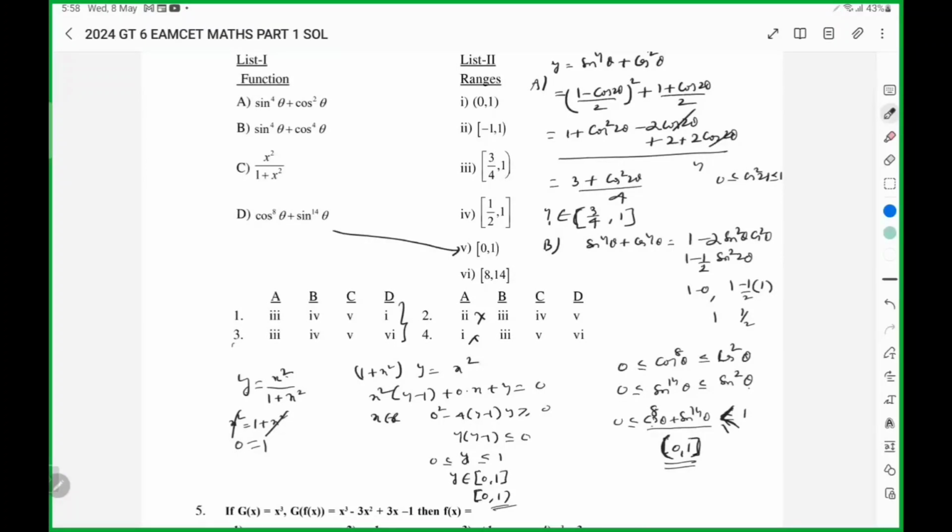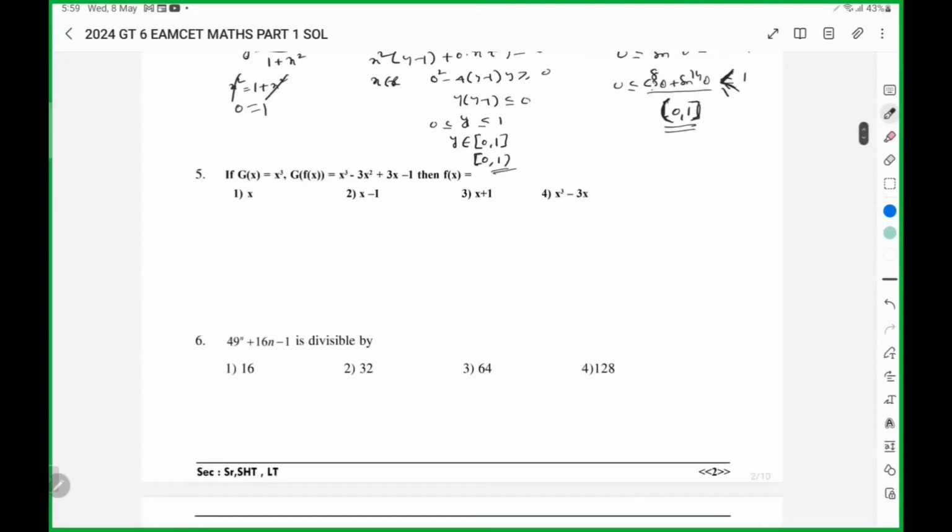So D maps to 1, that is 0 to 1 at the same value of theta. We will not get 0 for no theta here. So first option is correct.